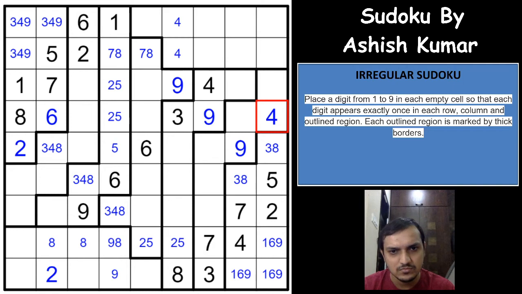In this region, 9 has to be in one of these two cells. 9 cannot be in these three cells, and 9 cannot be here, so 9 has to be in one of these two cells.